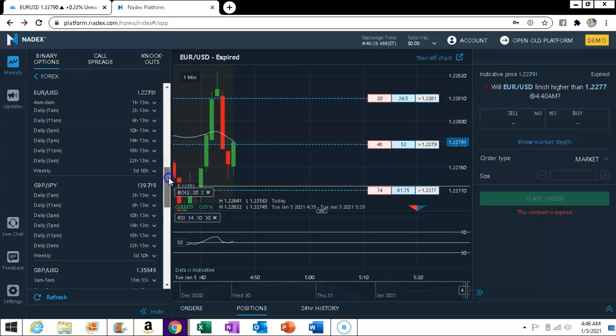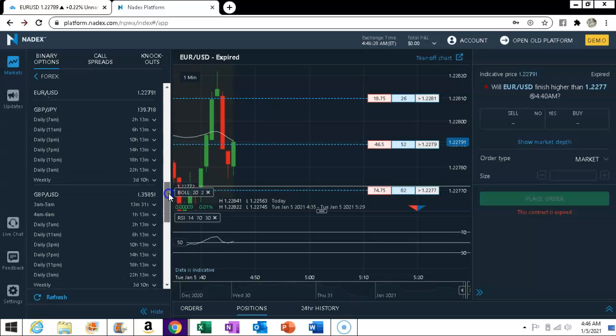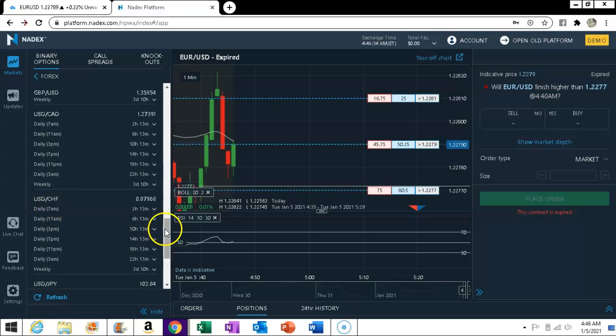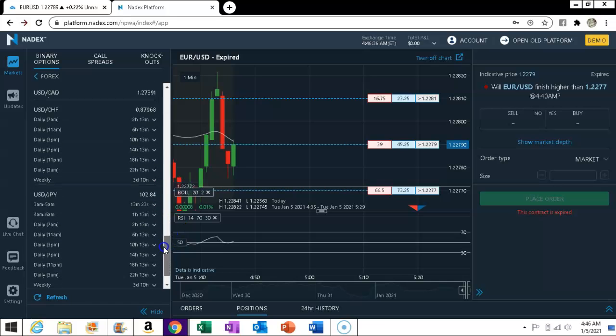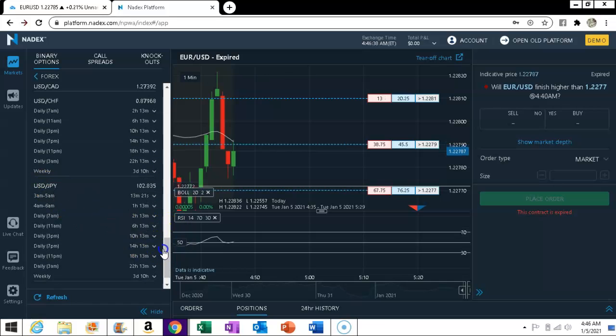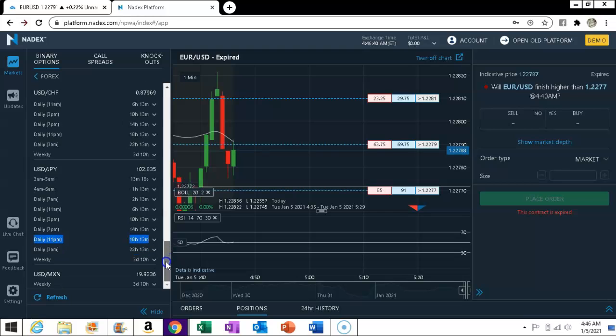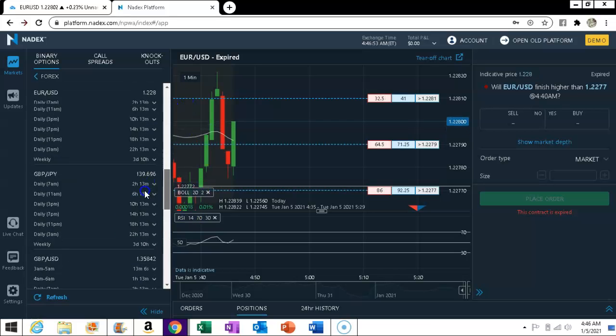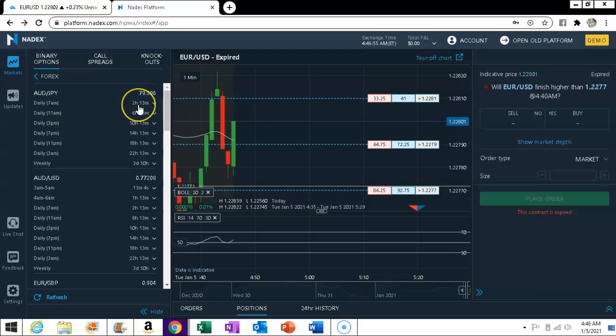Euro USD, Great British Pound, Japanese yen, GBP USD, USD Canadian dollar, USD Swiss, USD JPY. I've never seen that one before. But anyway, these are your different pairs that you can choose if you want to trade.